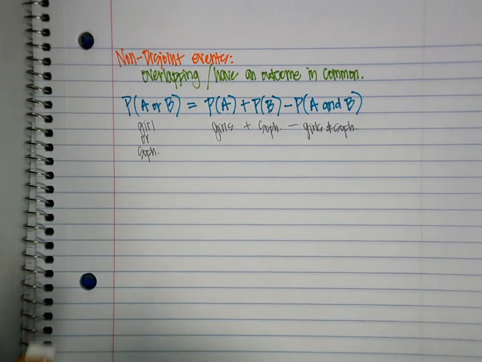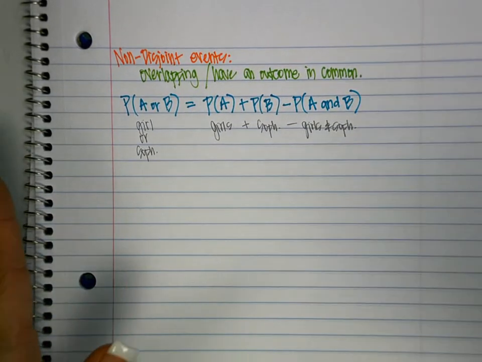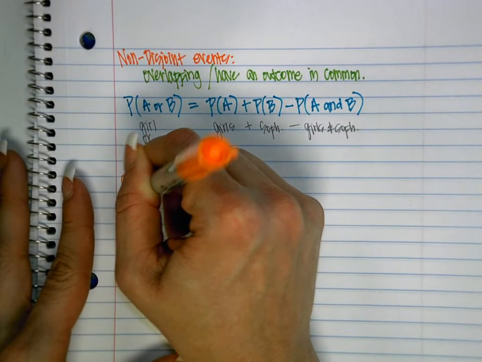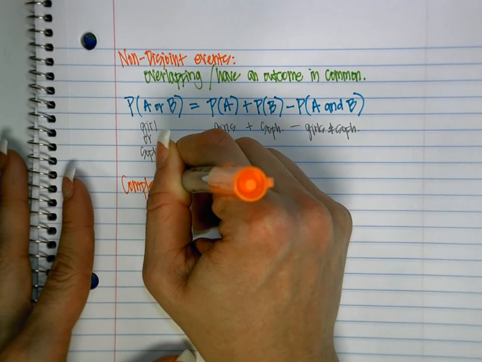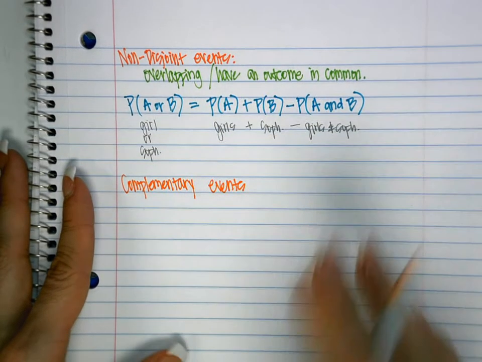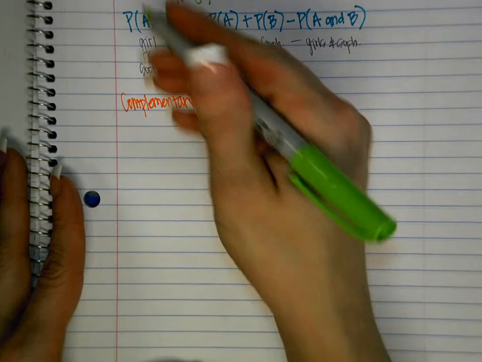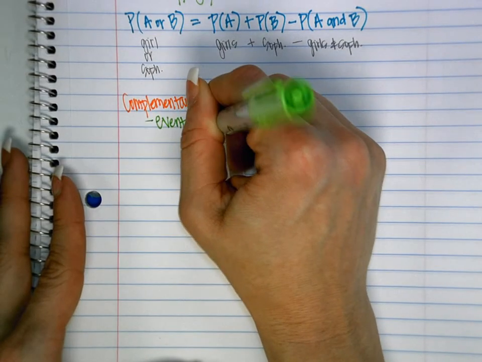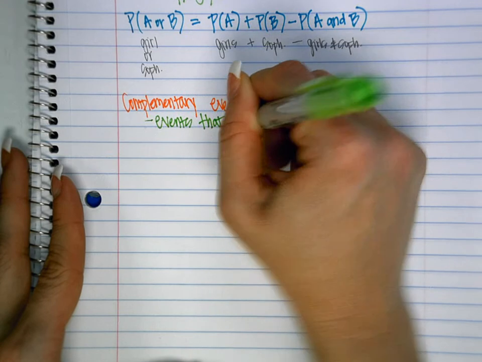Okay, let's see. You also need to know something about complementary events. Complementary events are events that are opposites. Events that are opposites.